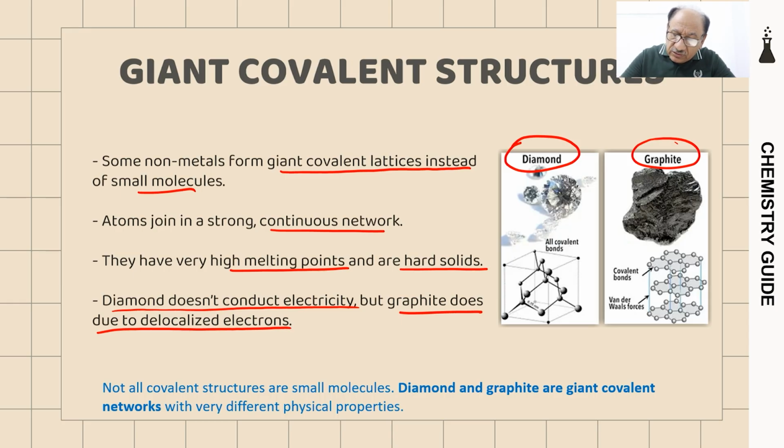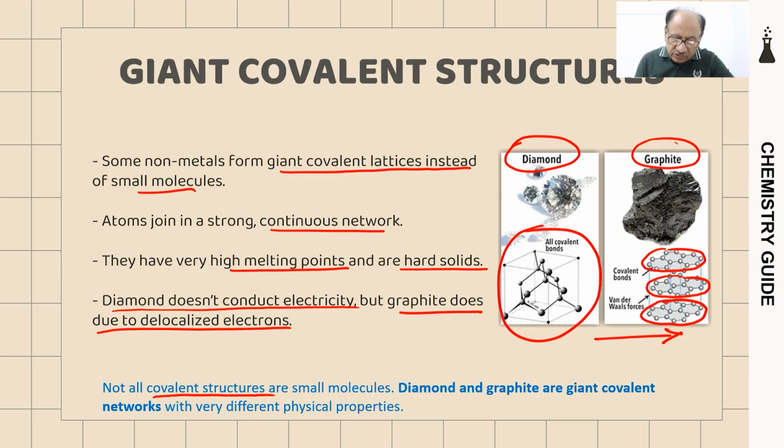In diamond, each carbon is bonded with four other carbons, so all sides are occupied, whereas graphite has one side free and forms layers, one layer and a second layer. Layer-wise it can conduct electricity because of the free electrons available in graphite.